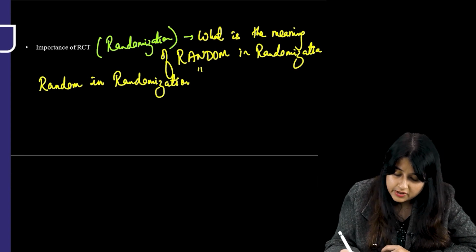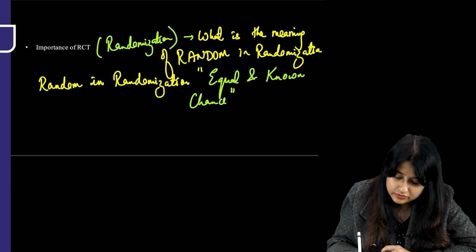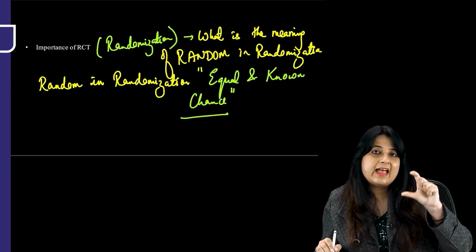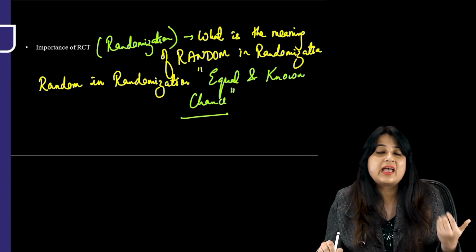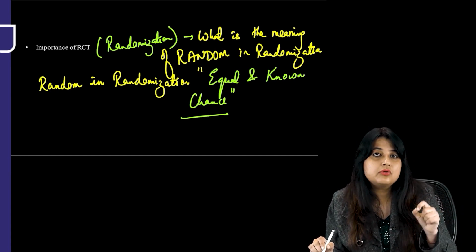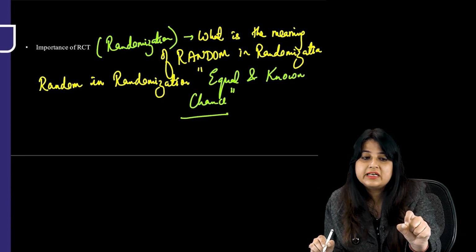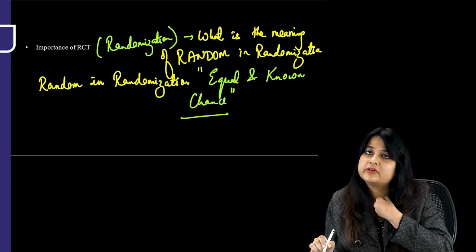Equal and known chance. What does this mean? That every study participant, every patient, is going to get an equal and known chance of being allocated either into the treatment group or the control group.